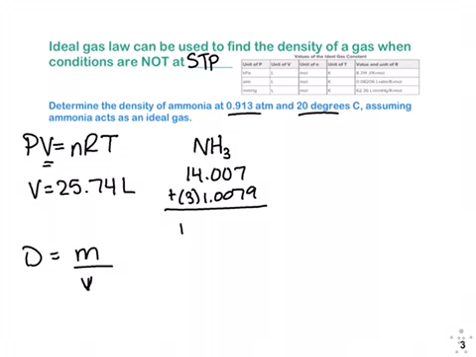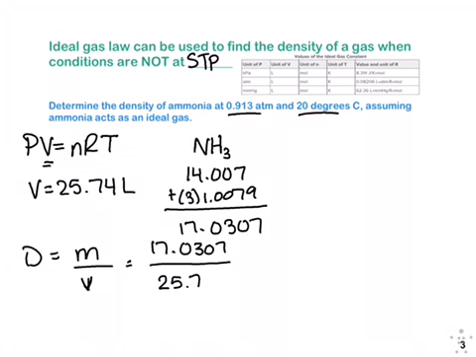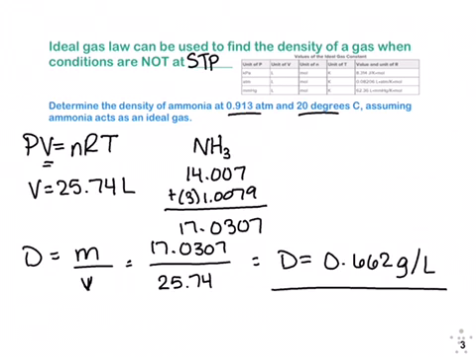So our mass of ammonia is 17.0307. We can throw that into our density formula over the volume, which you would have calculated using PV equals nRT. And your density is 0.662 grams per liter.